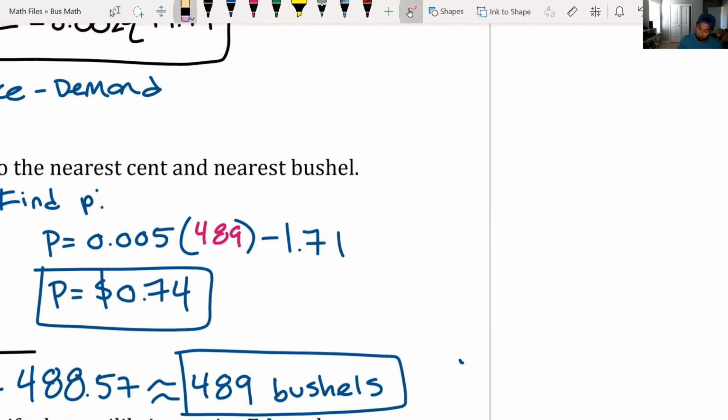Which means we have found our equilibrium point. Our equilibrium point is 489 and 74 cents.